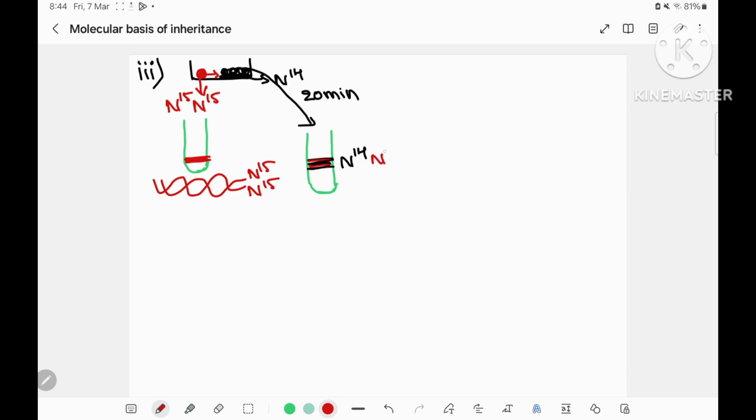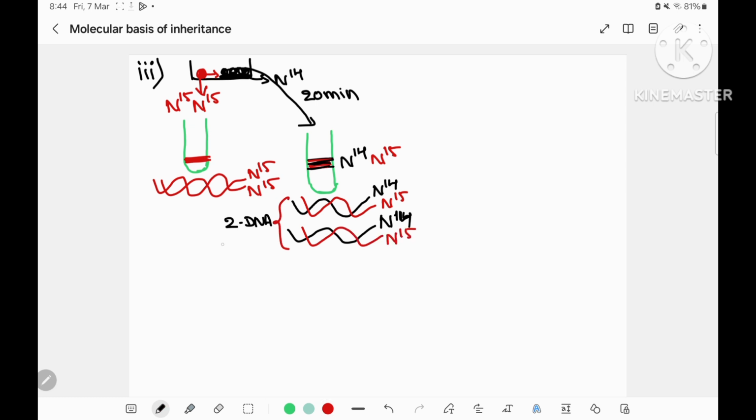If the cells are allowed to grow on nitrogen 14 medium and the cells are analyzed for the DNA after 20 minutes, the band was formed in the middle because the two DNA strands which are templates have N15, but the newly synthesized DNA strands will have N15 because the provided medium is having only N15.